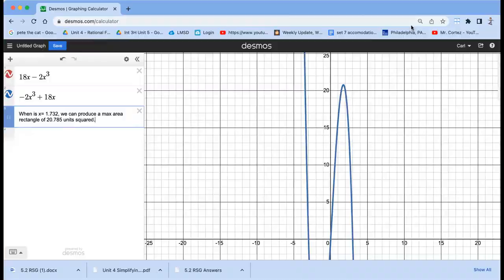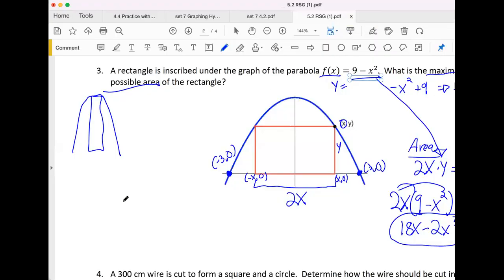So I'll do that. So like we were saying, this rectangle is going to go from here to here. We know that the middle is this y-axis, and we know that the extent in the one direction is going to be to 1.732, and that down here, this is negative 1.732.